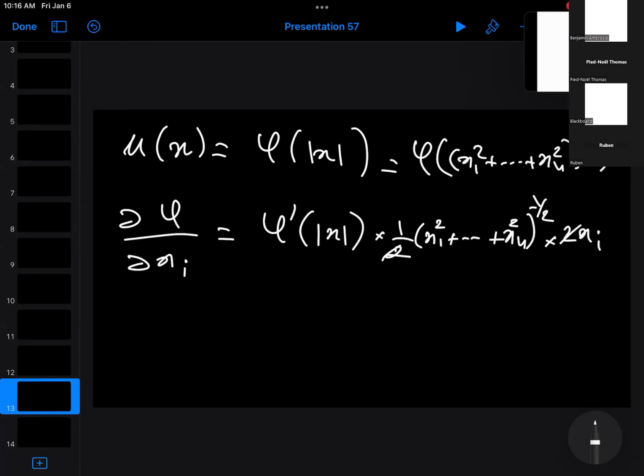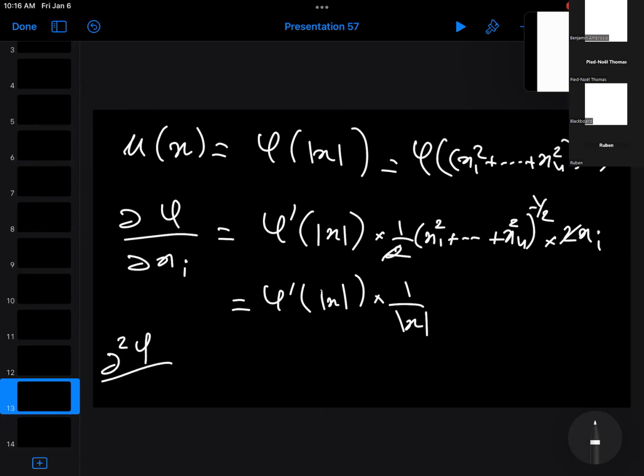This cancels. So it's phi prime of the norm of x times xi divided by the norm of x. Everybody agrees with that?